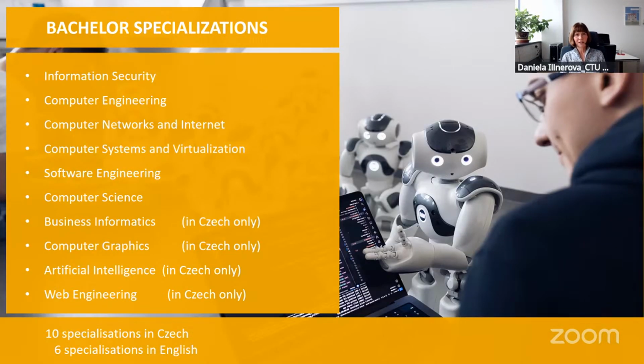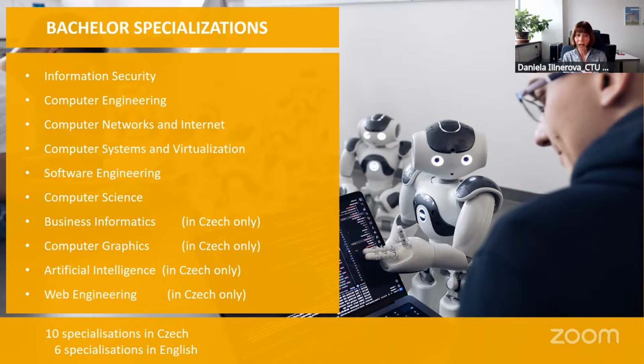About bachelor specializations. We have 6 specializations in English. You can read them in front of you. And again, I repeat, if you want to pick up something from another specialization, it's possible.